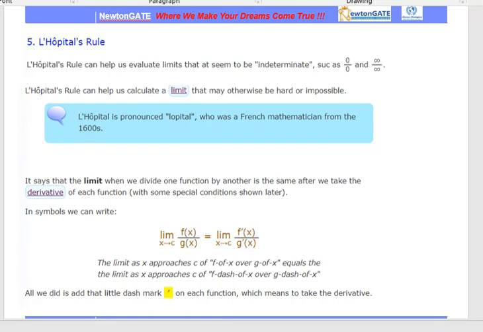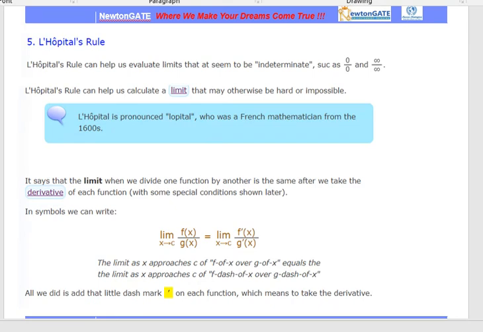Now in general, in a rational function, the denominator should never be 0. But sometimes what happens, f(x) as well as g(x), when x tends to c, both become 0. Now in that case, we say it is undetermined or it is indeterminate form. So the easiest way to solve those sums is using the L'Hopital rule.